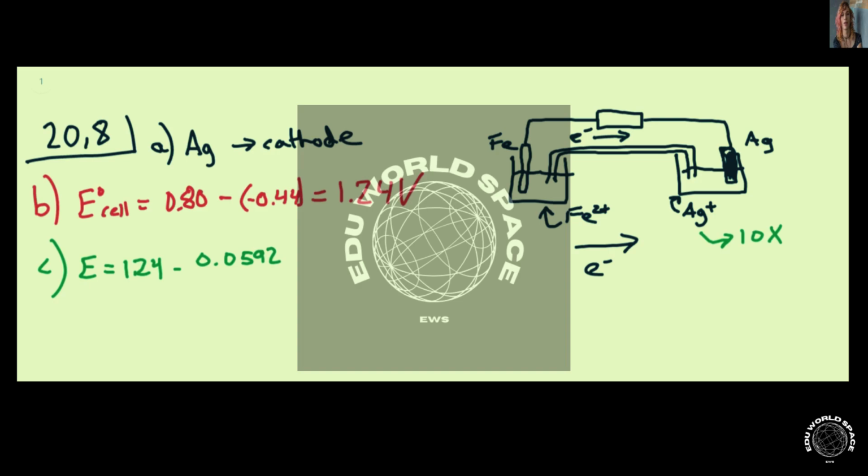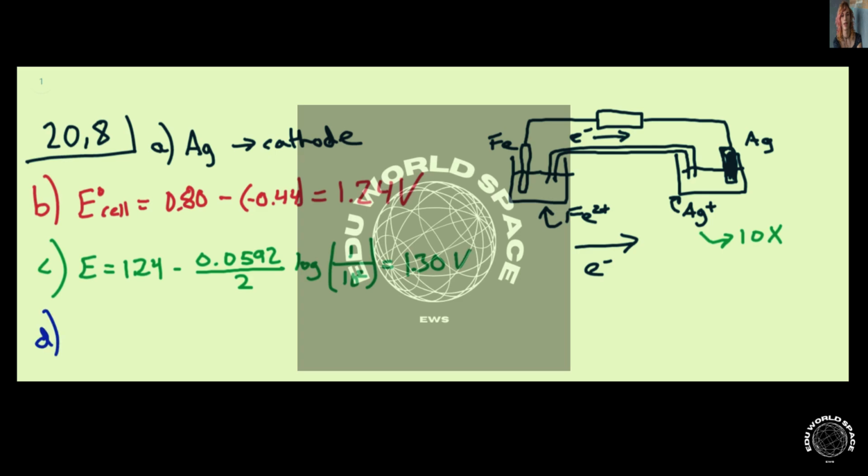It's going to be divided by n, which in this case is 2. And then the log of Q, which is going to be 1 over 10 squared. And if we do this calculation here, we get 1.30 volts.